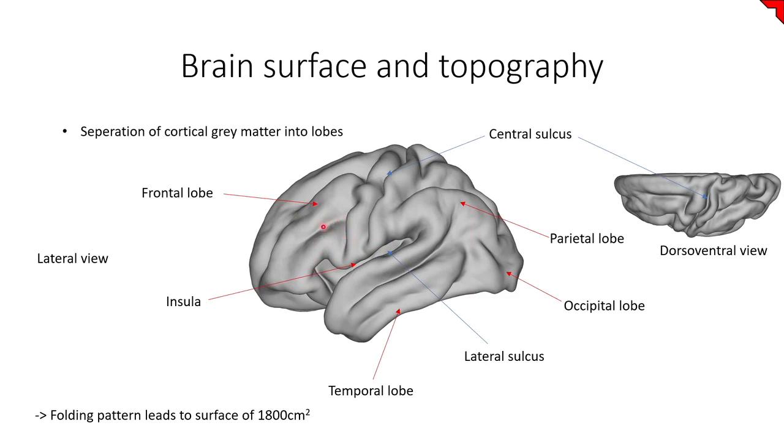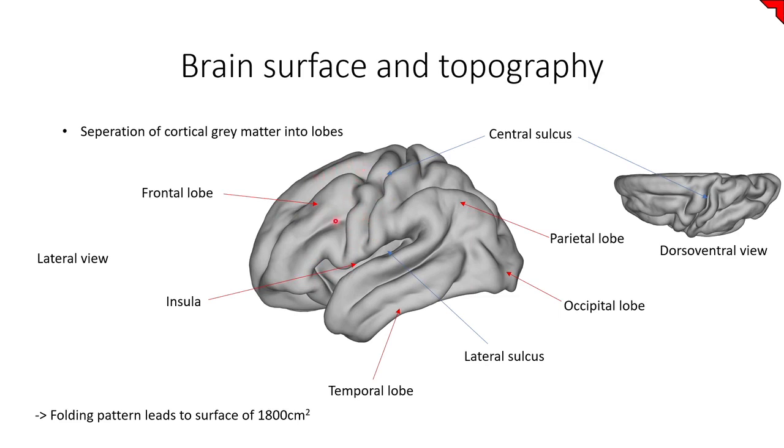These folding patterns have convolutions and also these bulges, these gyri, that are separated by sulci, or one sulcus, which is a more superficial groove, or if it's a bigger groove, a fissure.